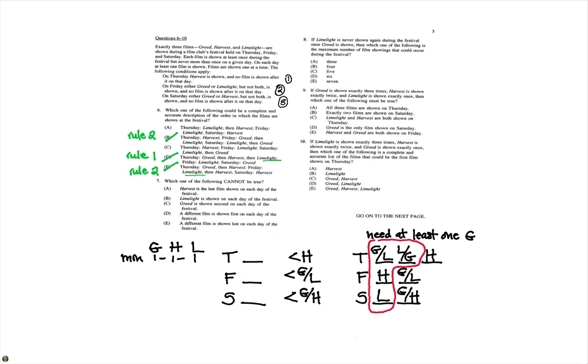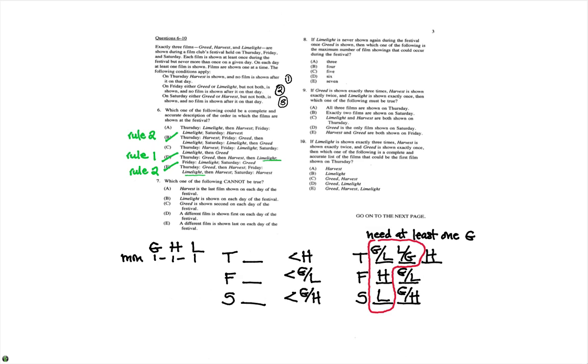So let's take a look at A. On Saturday we have Harvest. Nothing else. A is fine. Taking a look at C. On Saturday we have Limelight, then Greed. Also does not violate that rule. So we have a problem now.